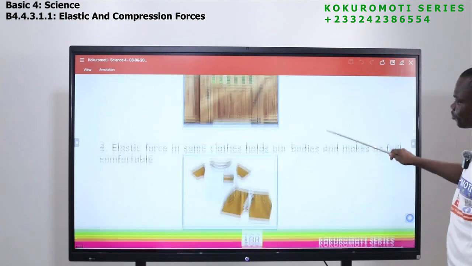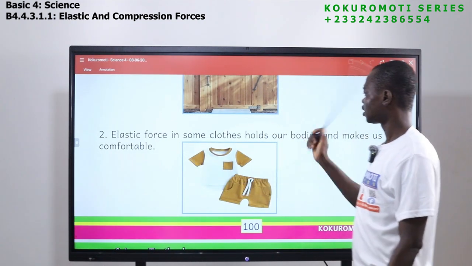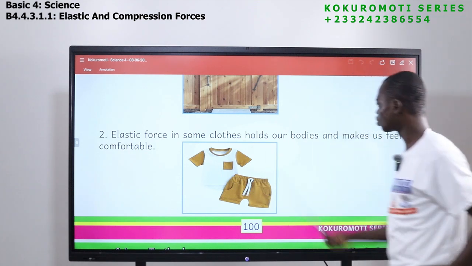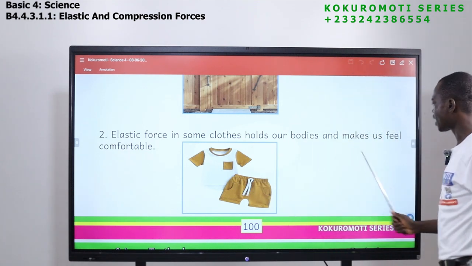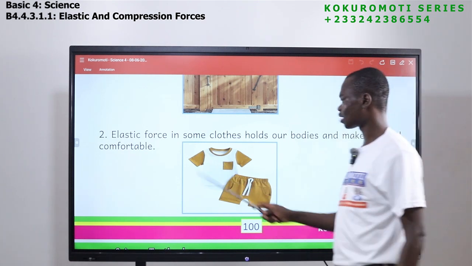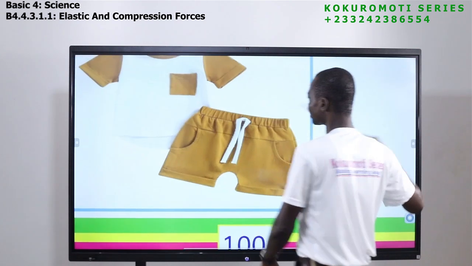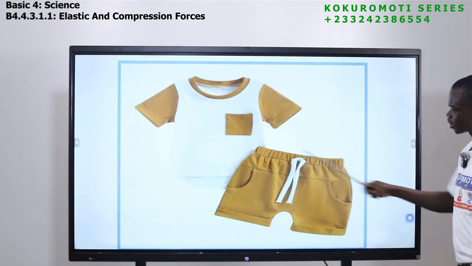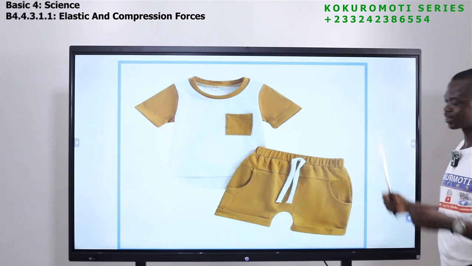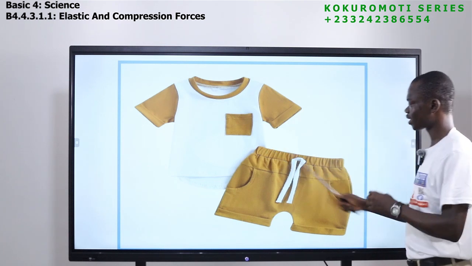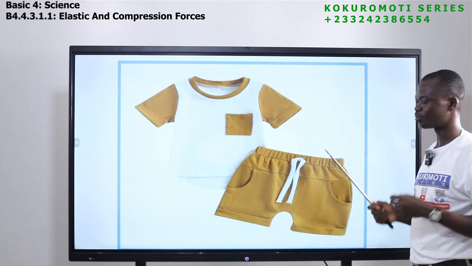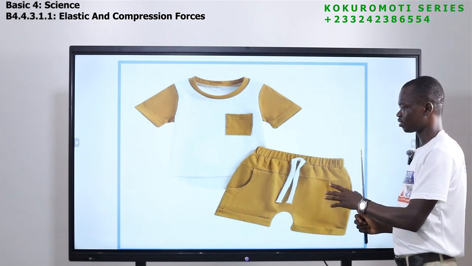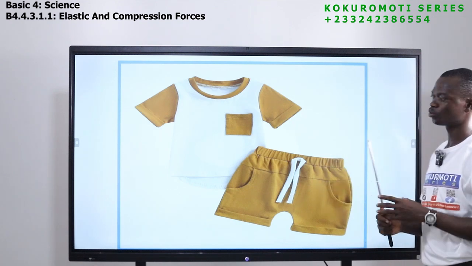The next one: elastic force in some clothes holds our bodies and makes us feel comfortable. If you have this as your dress, you see this side, this is the waist. There is elastic material there. That elastic material makes sure that the dress fits you well.